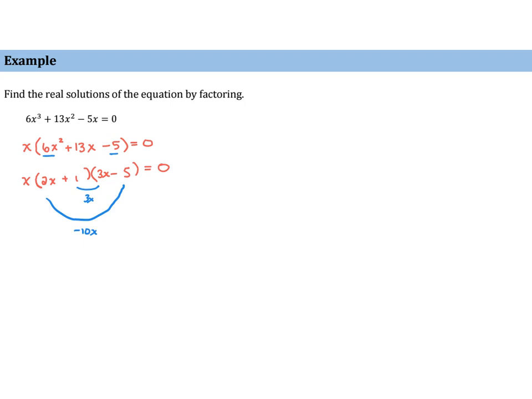We're shooting for 13x. So that's not correct. So let's go ahead and try to switch the 1 and the 5. If we do that, we get 15x and -2x. That is our positive 13x.